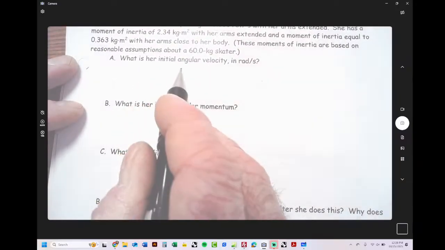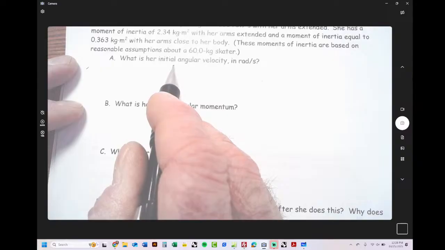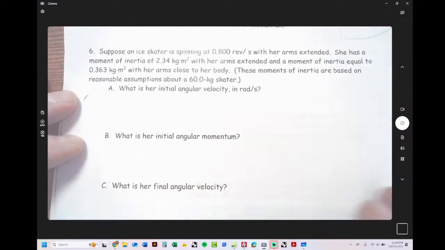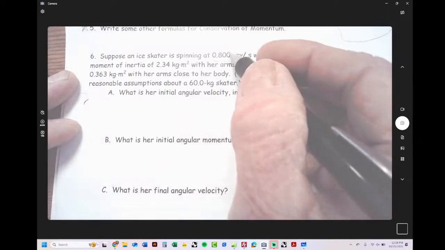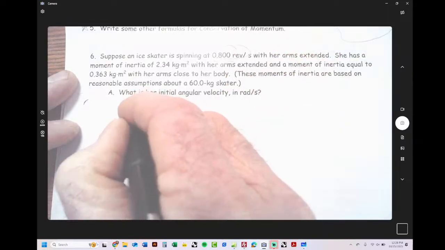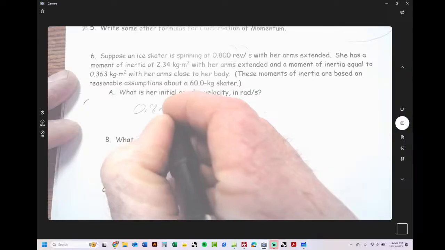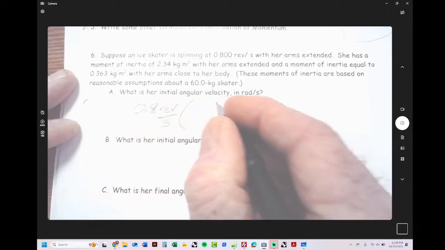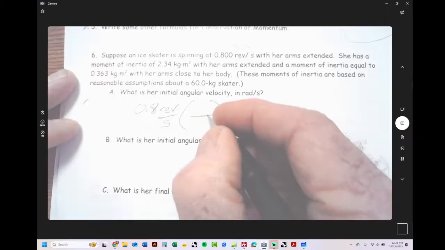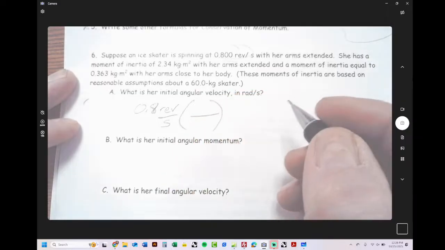So we're going to do some calculations, basically putting numbers to what we just saw with Chris and Ethan. So initial angular velocity in radians per second. What number up here gives us angular velocity? Yeah, this is angular velocity. It's just not the right units. 0.8 revolutions per second. What do I multiply that by to make it radians per second? 2 pi.